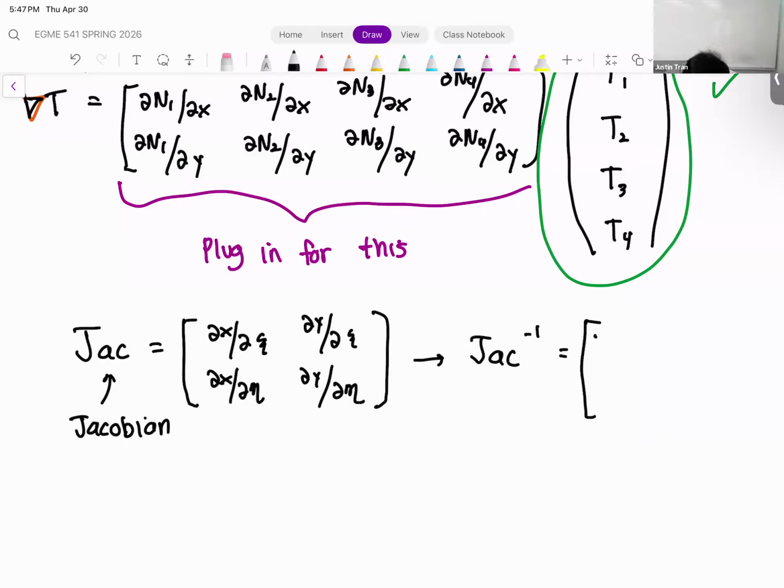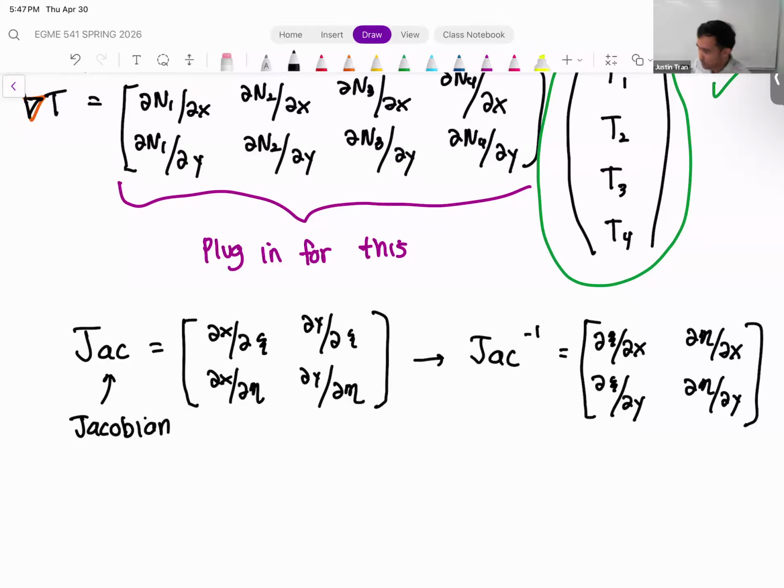So this will be partial epsilon partial x, partial eta partial x, partial epsilon partial y, partial eta partial y.